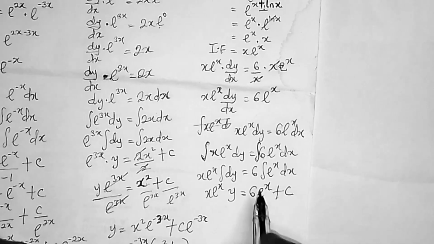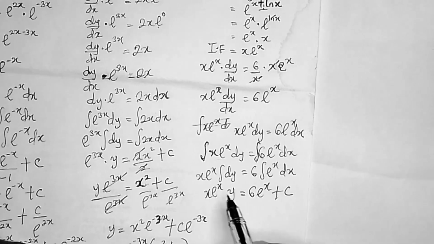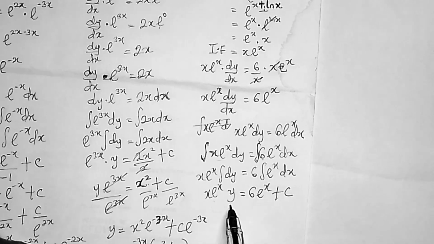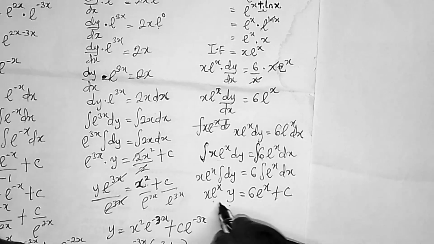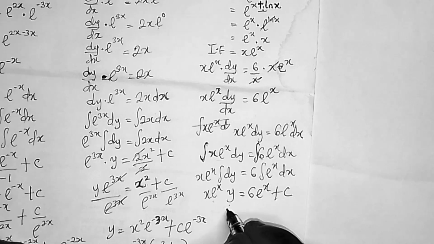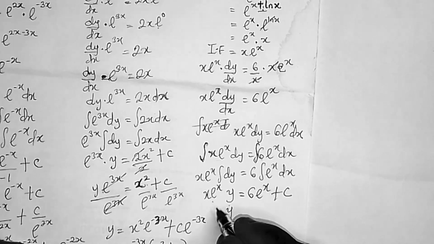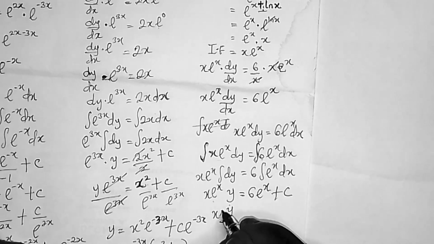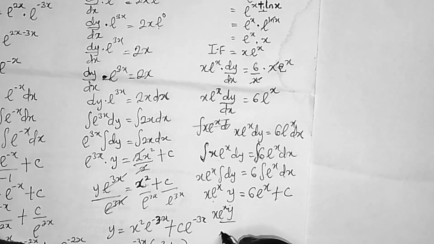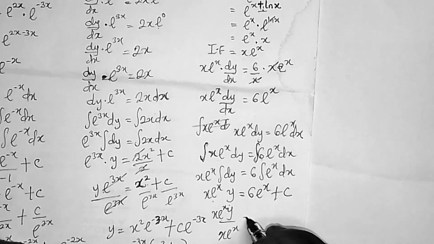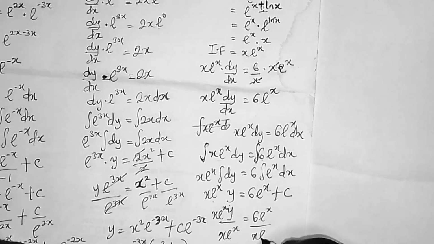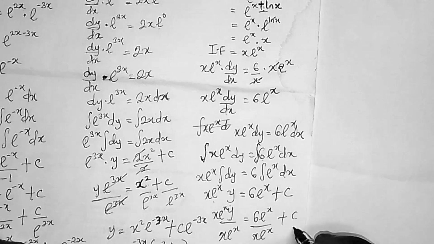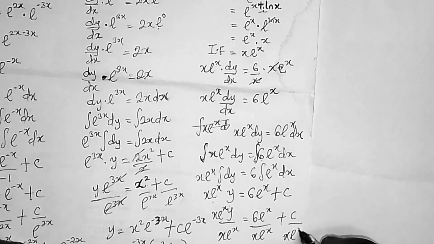Now what is the next step to do? The next step is to divide both sides by x exponential x, because you want y to stand alone. So dividing both sides by x exponential x, you are going to have y over, let's write it, x exponential x, then x exponential x equal to 6 exponential x over x exponential x plus c over x exponential x.